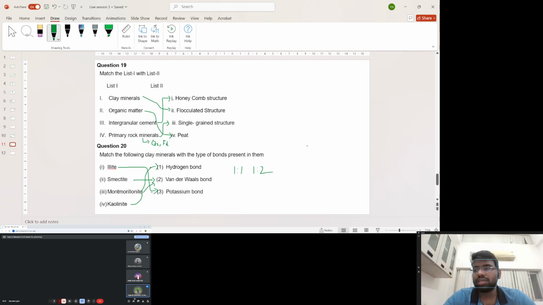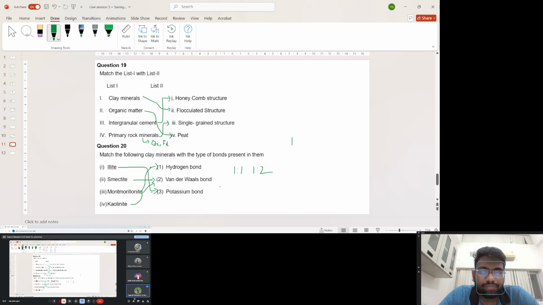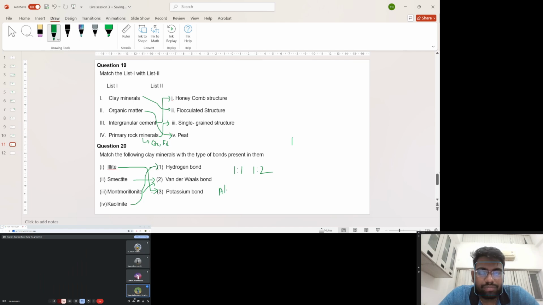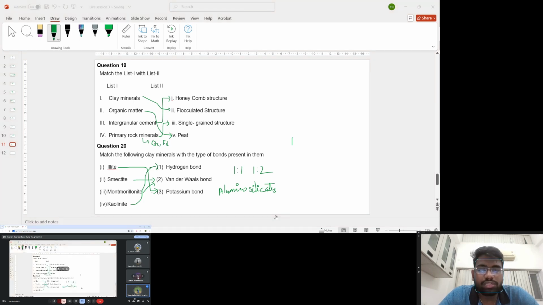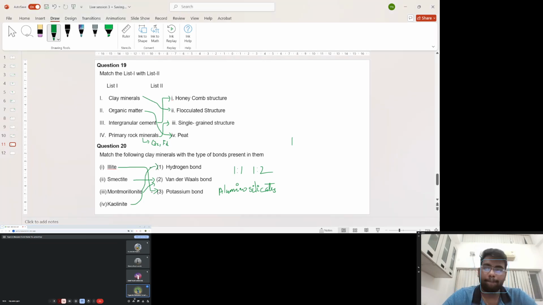There are two types of clay minerals. One is 1:1. Essentially, clay minerals are aluminosilicates. Understood? What does this mean? Aluminosilicate means what does it consist of predominantly?